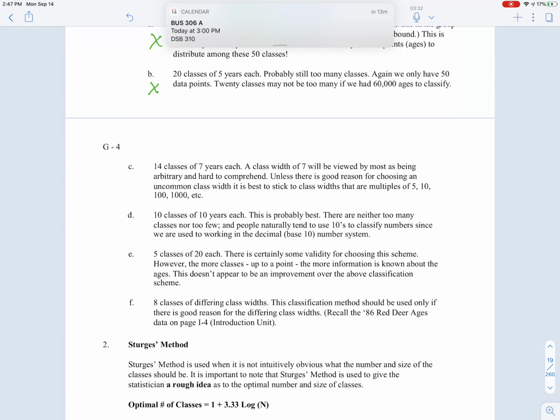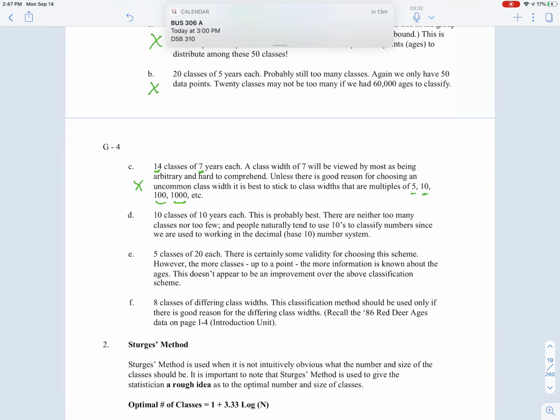People tend to like to be in classes of fives or tens or hundreds or thousands, things like that. So 7 is kind of a goofy number unless there's some reason for you to have sevens. People don't tend to think in terms of classes of 7. So we look at that and say, probably still a few too many classes at 14, and 7's kind of goofy, so we're going to scratch that.